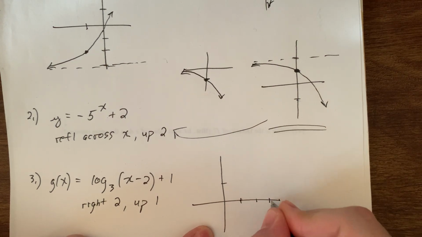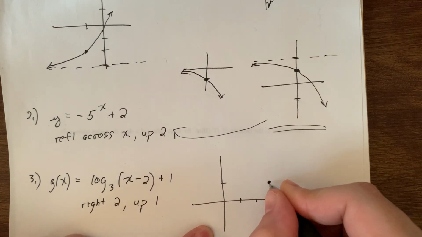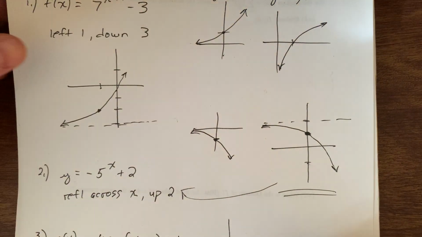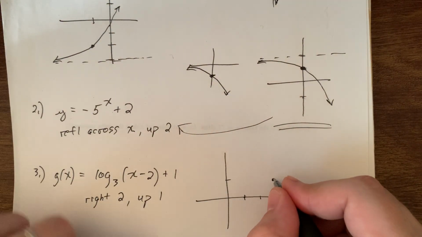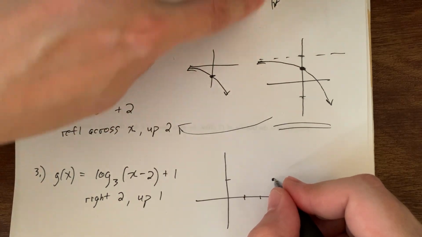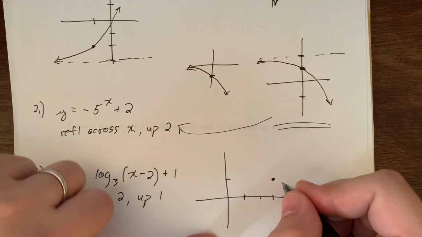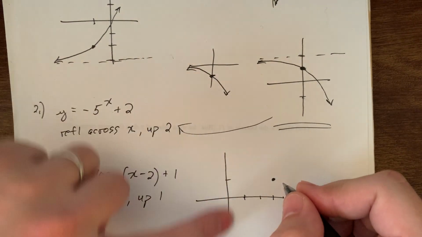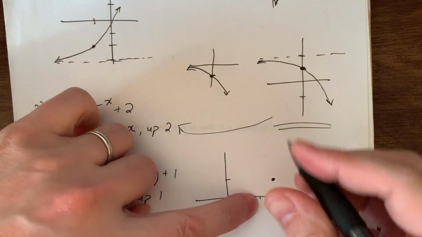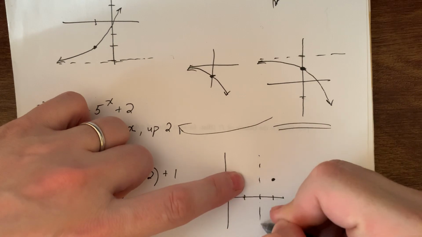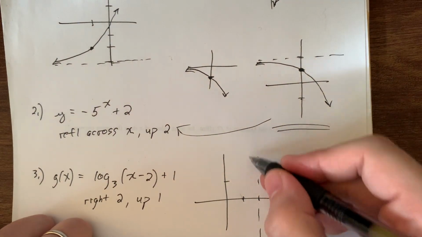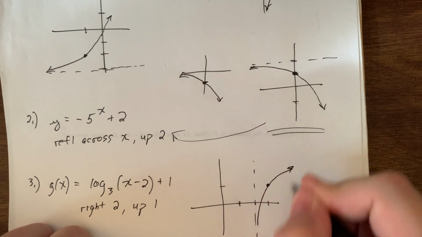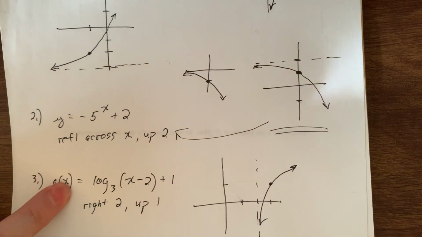So starting here, right 2, up 1. Now that is the equivalent to this point. But what do I do with that? Well, where is the vertical asymptote? Started here, taking this up 1, well, it goes up and down, so that doesn't do anything. But moving it right 2 makes a difference. So now this setup, this asymptote, this key point gives us this graph for this logarithm.